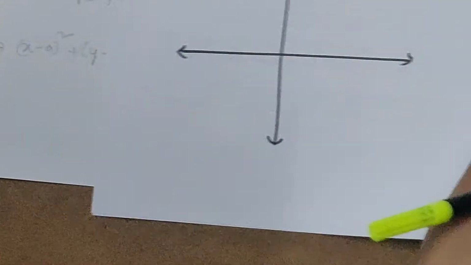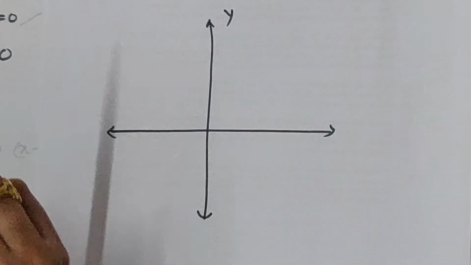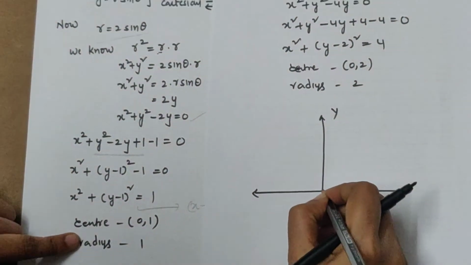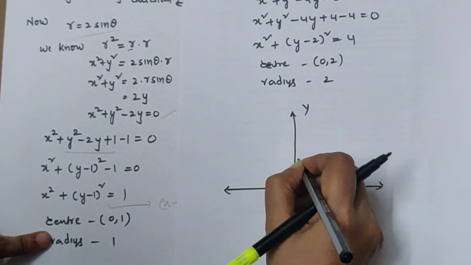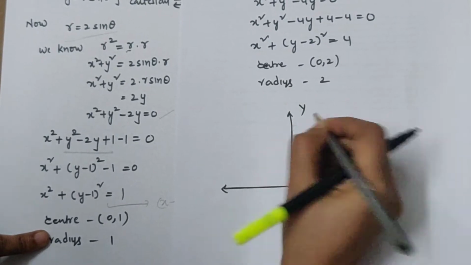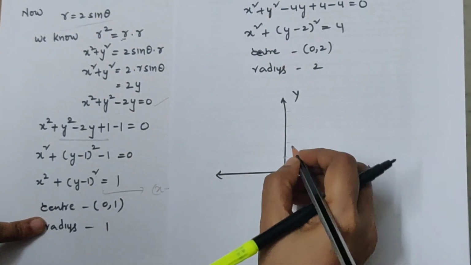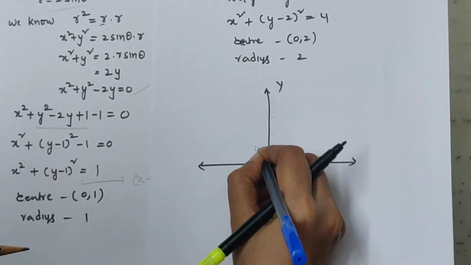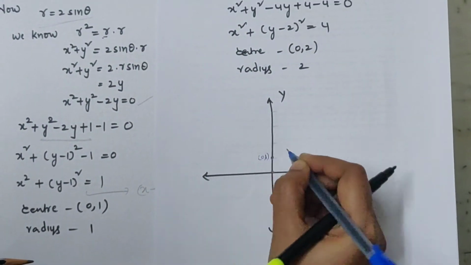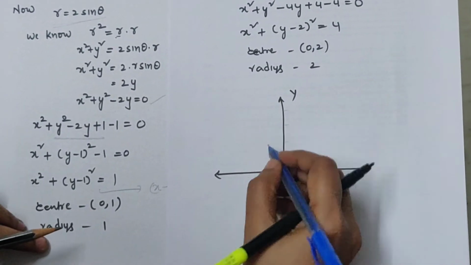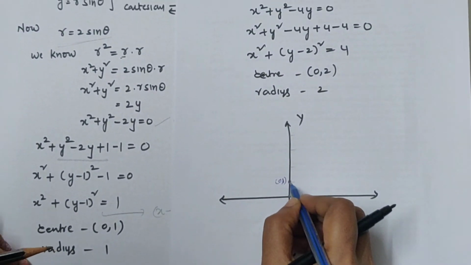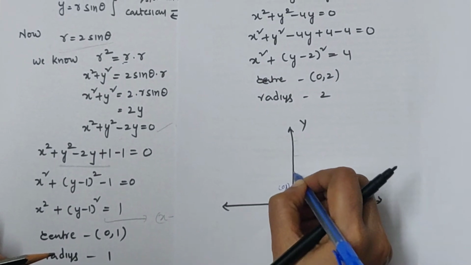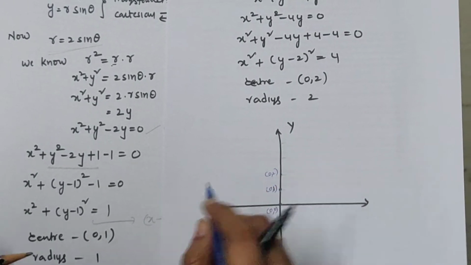For the first circle, r equal to 2 sin theta, the center is 0, 1 and the radius is 1 unit, so it reaches 0, 2 on the y-axis.